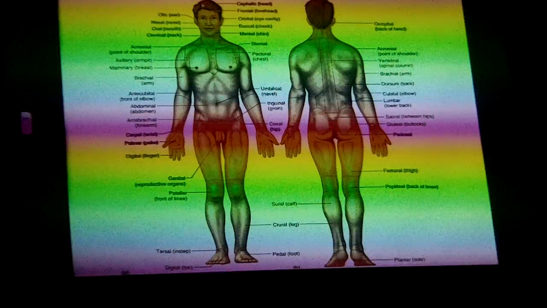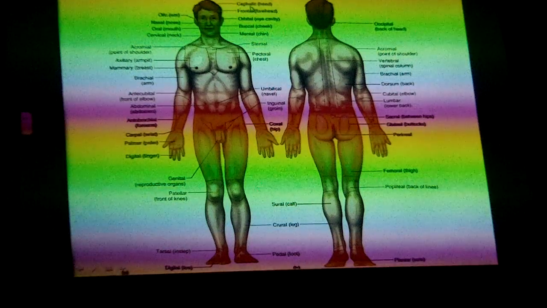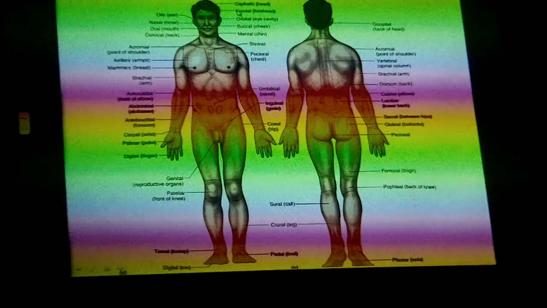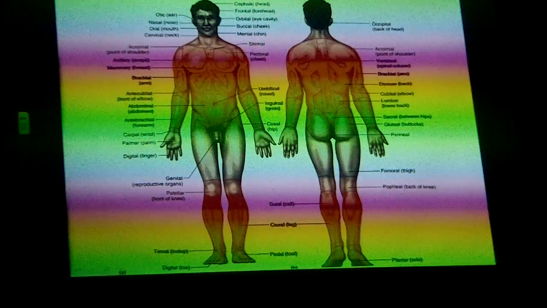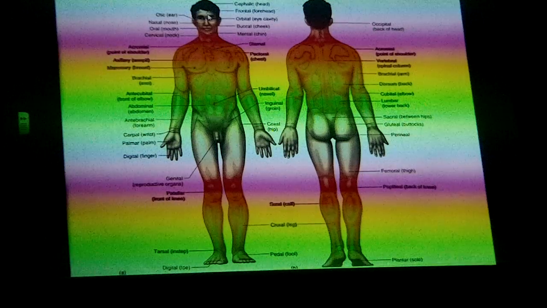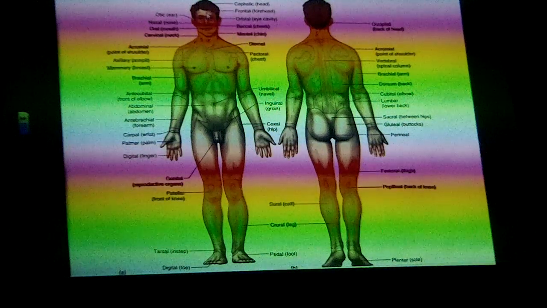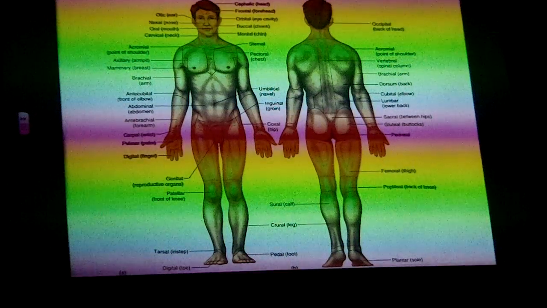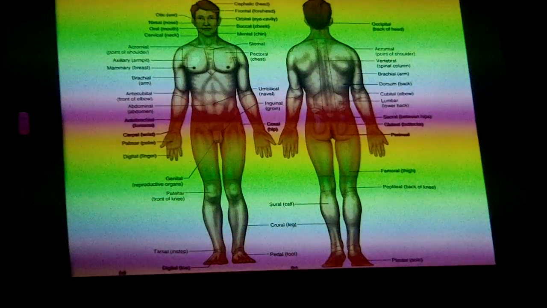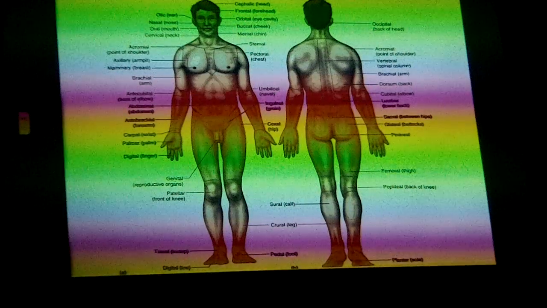The head is called the cephalic region. Cephalic. Okay? The forehead is the frontal region. And these are just basic regions doctors use to talk to one another about where, if they're talking on the phone and they say, he's got a laceration. You know what that means, a laceration?